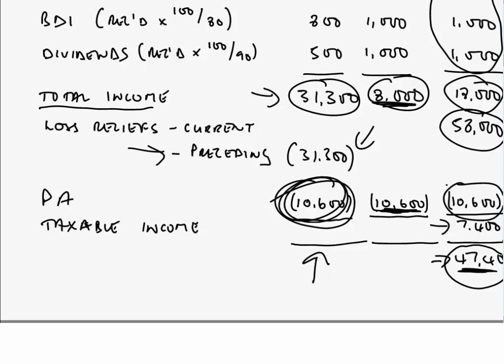But here it would probably be the best thing to do, because now the tax saving would be partially at 40%, so you'd get a 40% tax saving rather than just 20%, and as well as relieving tax at the higher rate of 40%, you would be wasting none of your personal allowance.